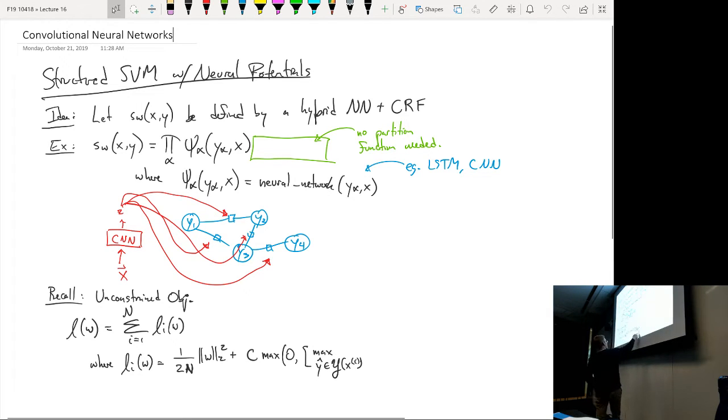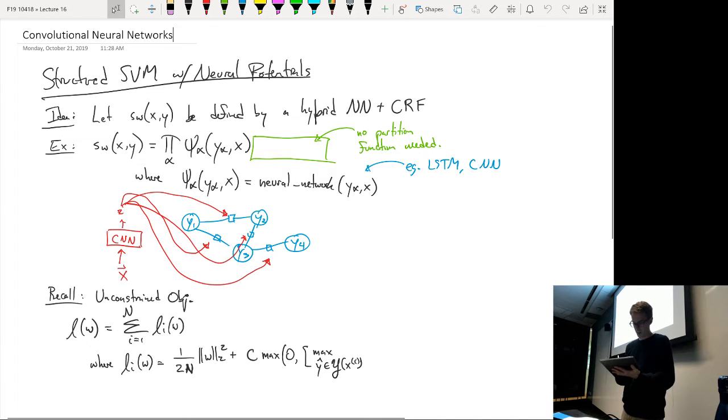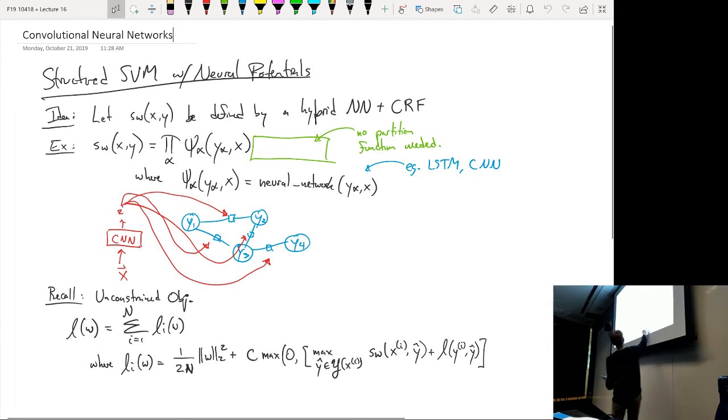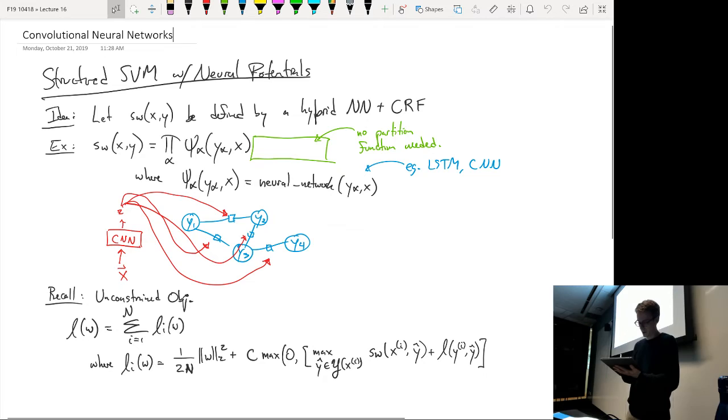This is going to be our ith training example of S of W, xi, y hat, plus the loss of yi with y hat. And now we close these brackets for the maximization and subtract off the score for xi and yi.